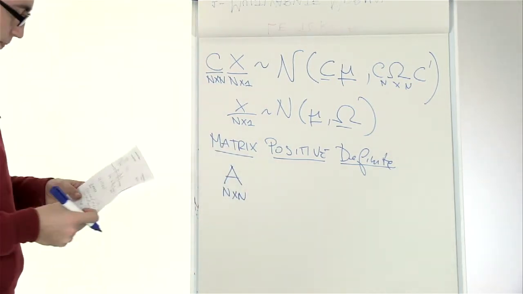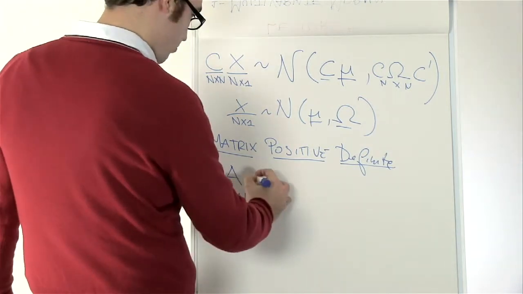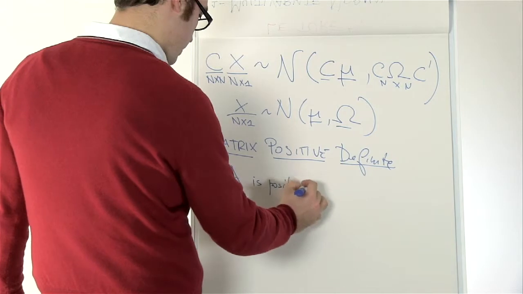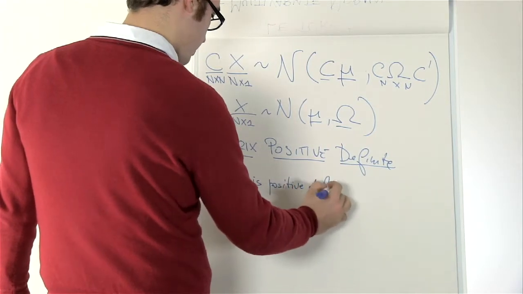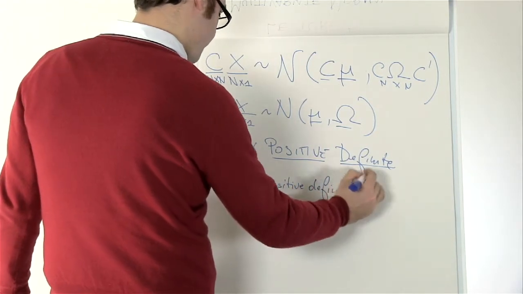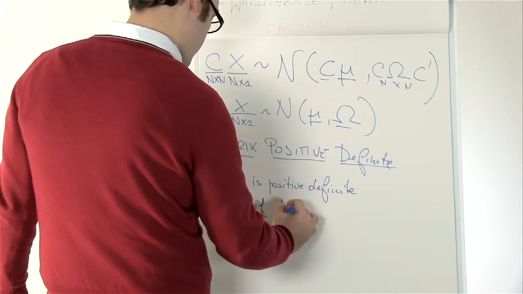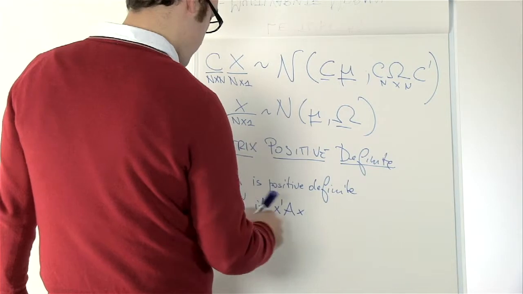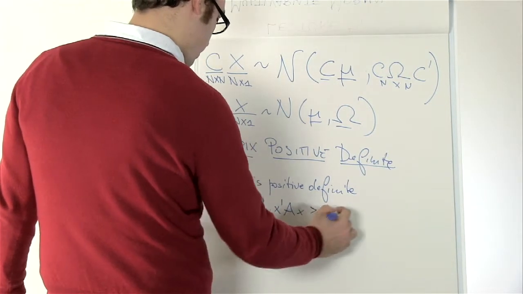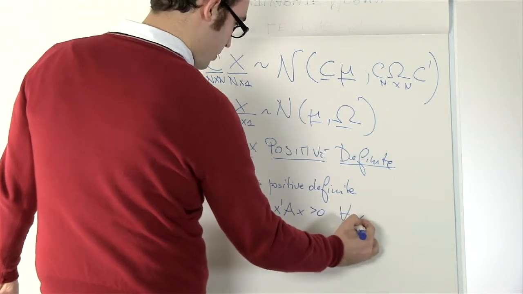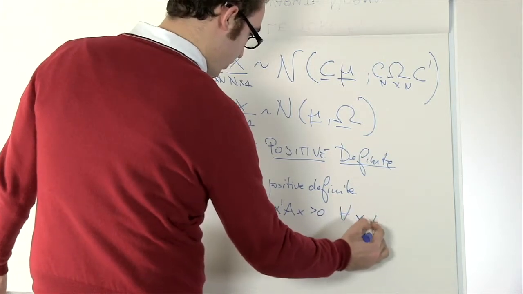Then we say that A is positive definite if x transpose A x is greater than 0 for all x different from 0.